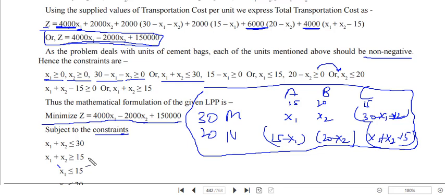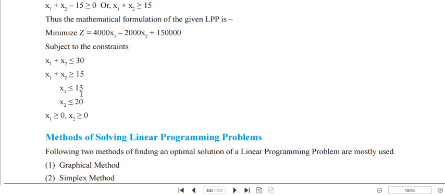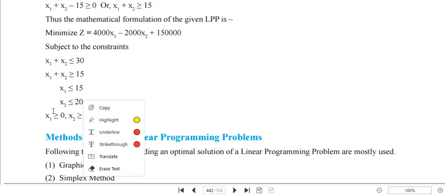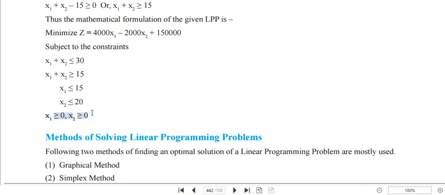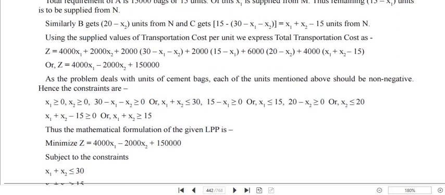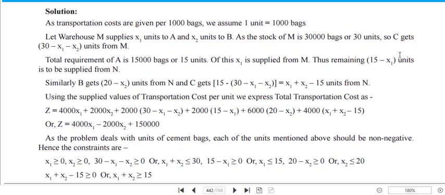Then x1 plus x2 is greater than or equal to 15, x1 is less than or equal to 15, x2 is less than or equal to 20, and x1 and x2 are greater than or equal to 0. So again we have discussed terms like objective function, constraint, decision variable. So this was our minimization problem.